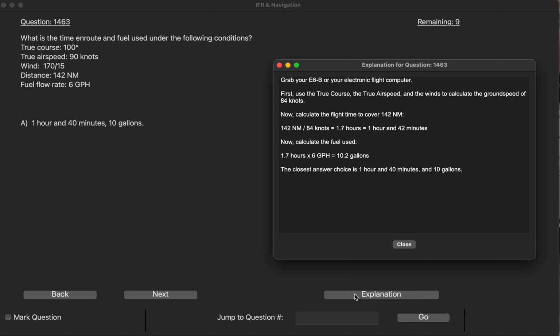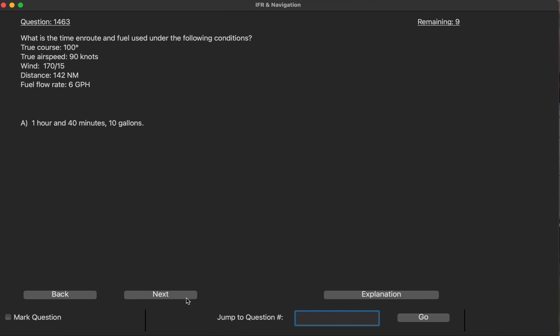It's about 1.7 hours, so 1 hour 42 minutes. And to calculate the fuel used, 1.7 times 6 gallons per hour equals 10.2 gallons. The closest answer choice is 1 hour and 40 minutes with 10 gallons.